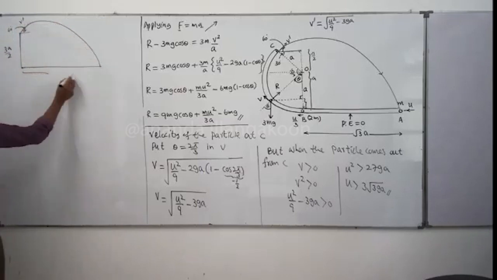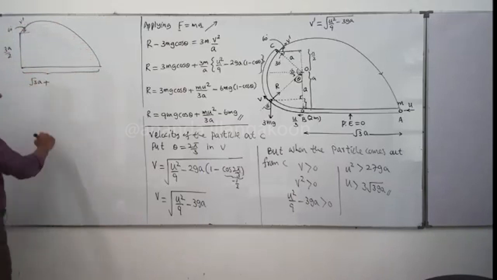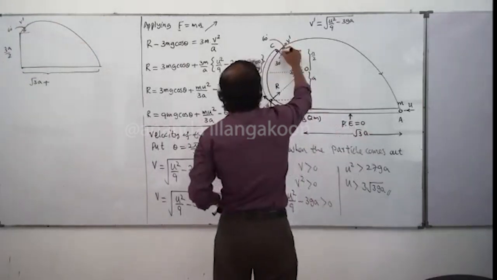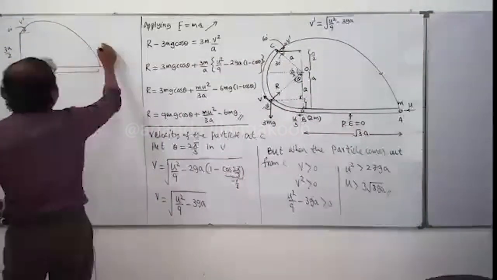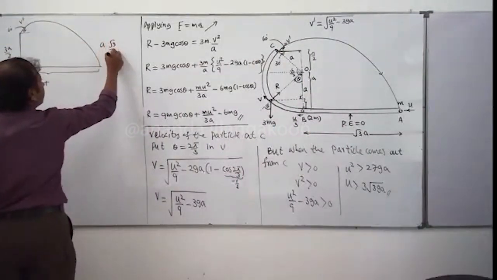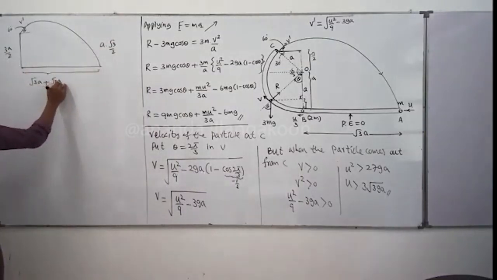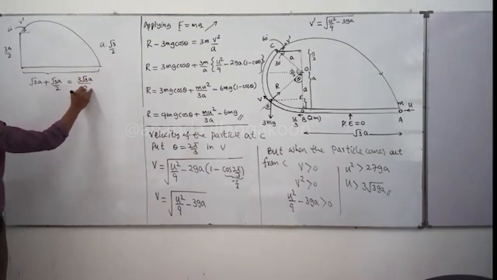This is going to be root 3A plus root 3A, plus this A cos 30. A cos 30 means cos 30 is root 3 by 2, then here root 3A by 2. So what is this total? This total is 3 root 3A by 2.